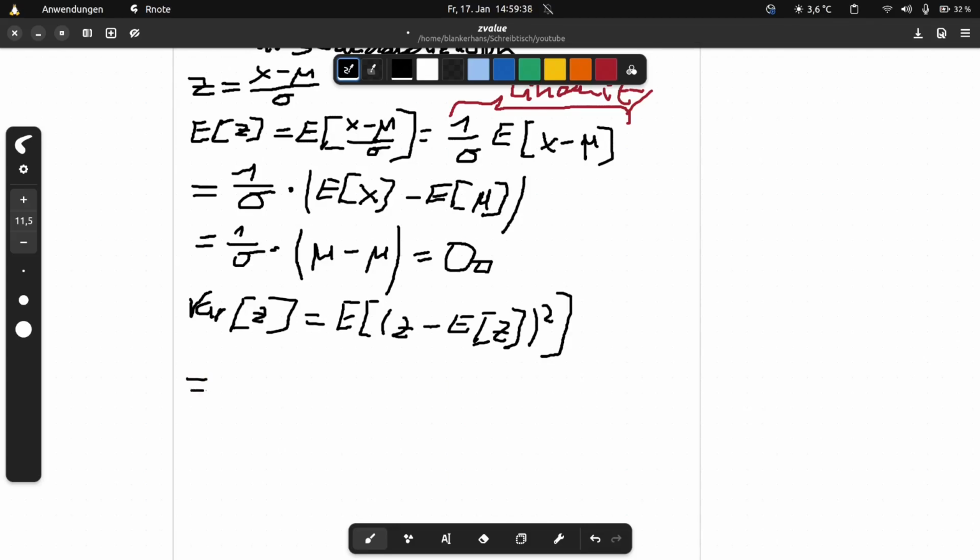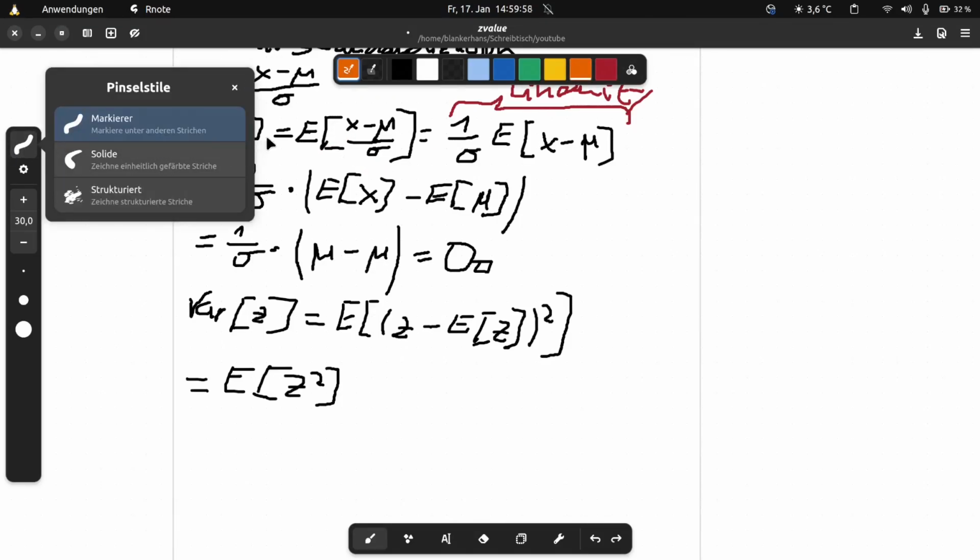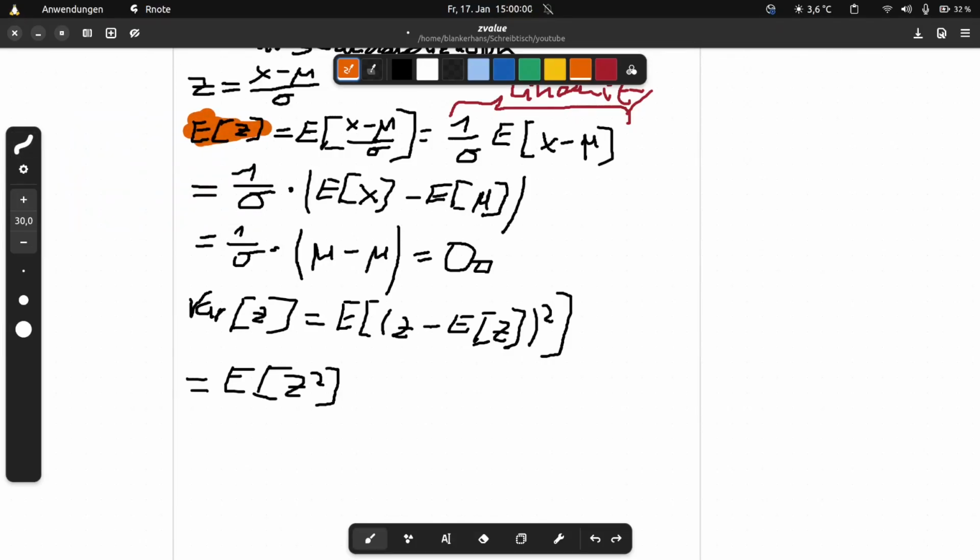So what is this? We can simply rewrite it as the expectation of z squared, because we showed before that the expectation of z is 0, and here we have the expectation of z again. So this is 0, and yeah, so we are left with the expectation of z squared.